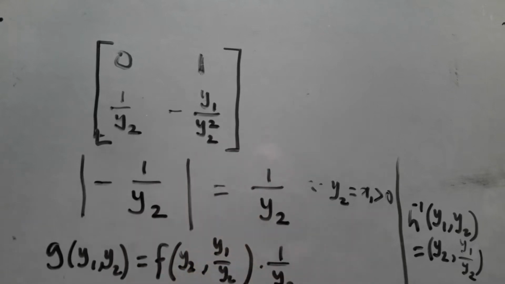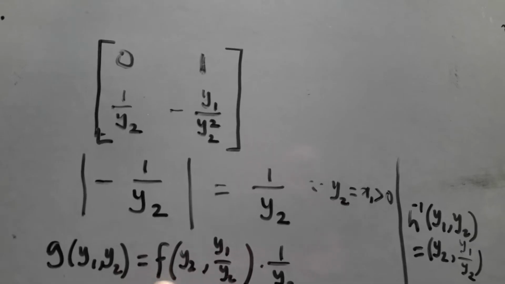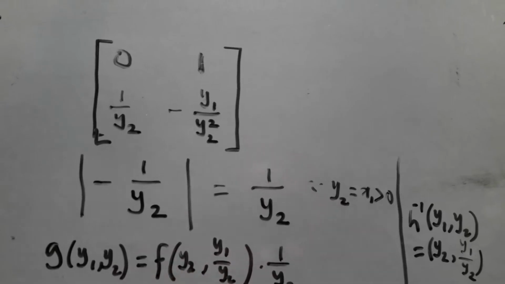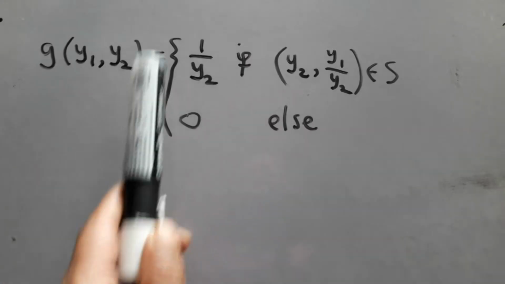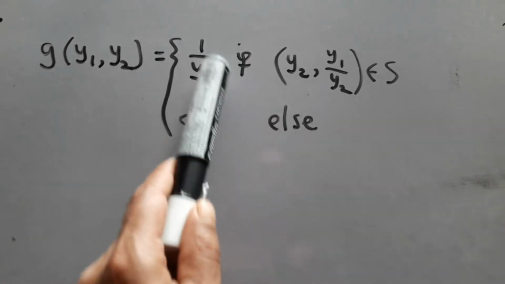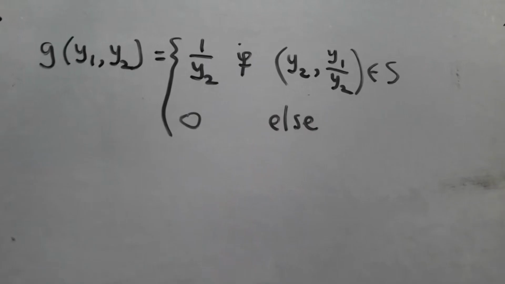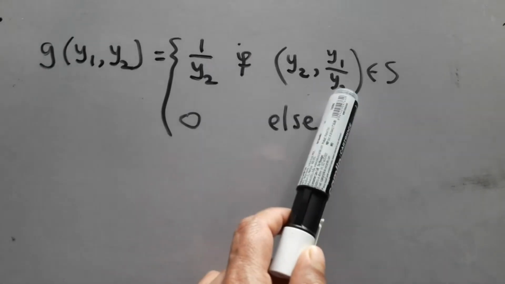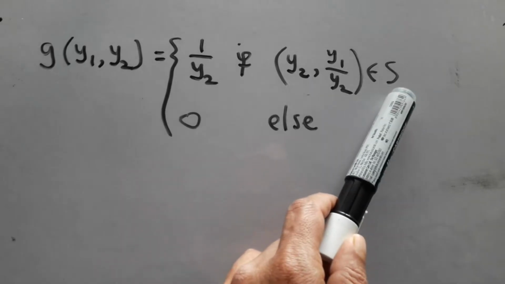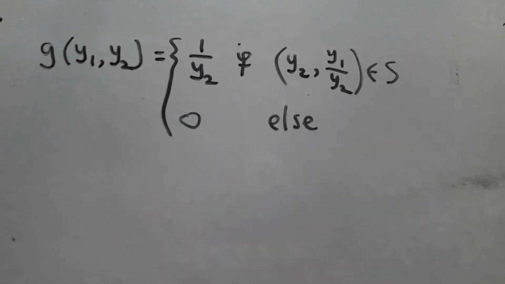That's it. Now I remember that f was identically equal to 1 if this point lies inside S and 0 outside. So I can further simplify it: G of y1, y2 will be 1 by y2 times 1, if my original x1 and x2, which are y2 and y1 by y2, lie in my S, and 0 otherwise.